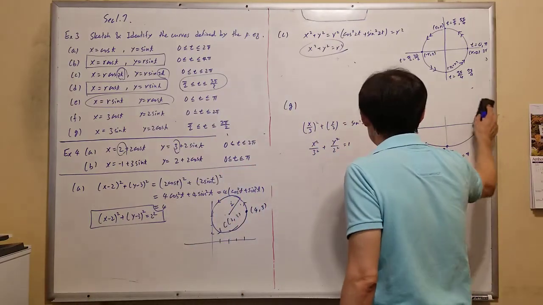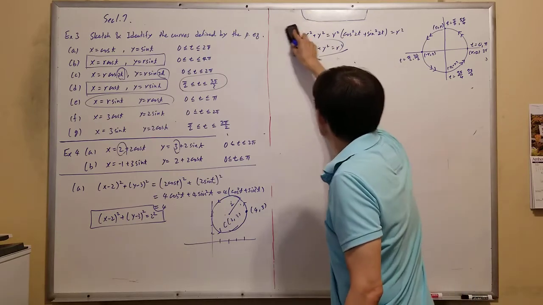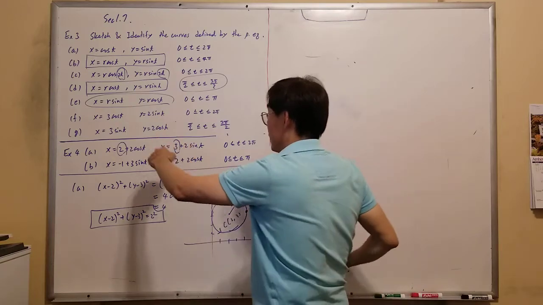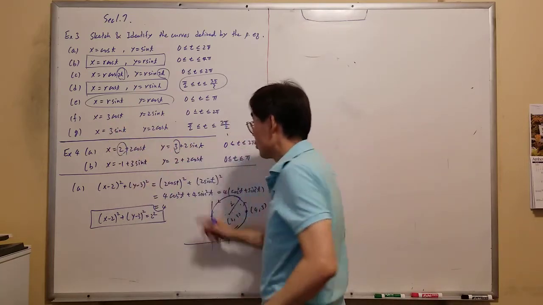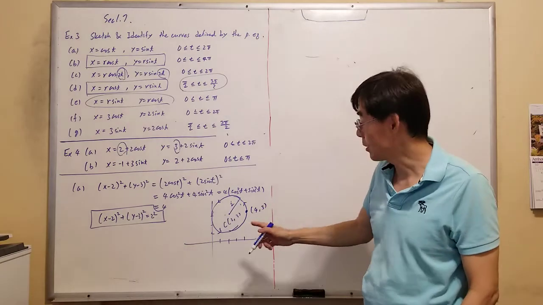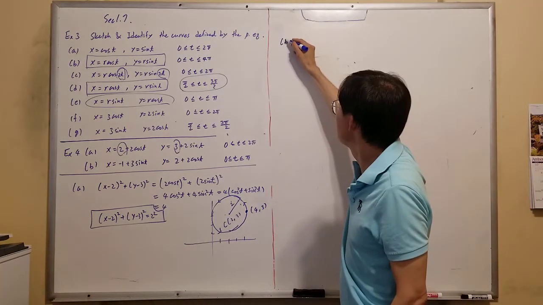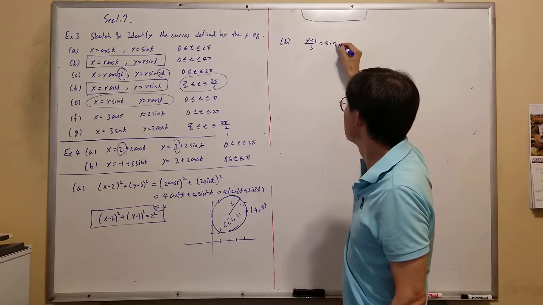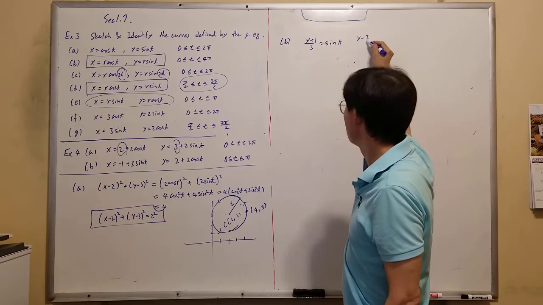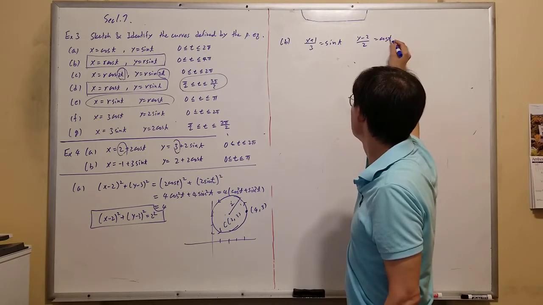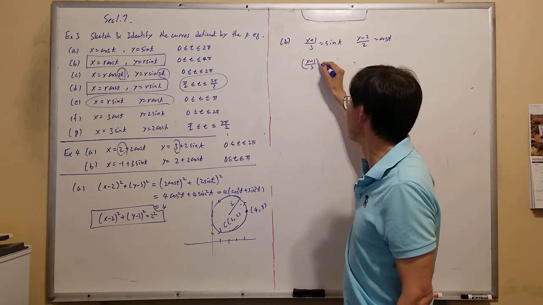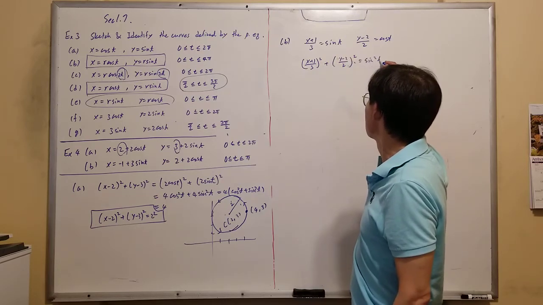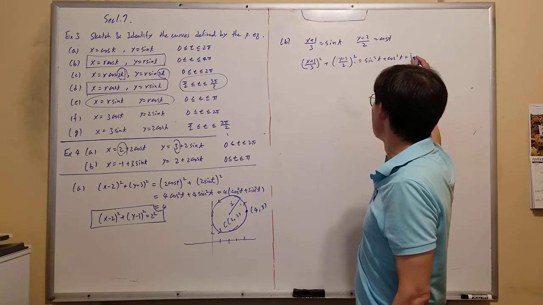Then what about B? Same thing. It's a translation of 3 sine t, 2 cosine t. It's a translation only. So B, x plus 1 over 3 equals sine t. Y minus 2 over 2 is cosine t. So x plus 1 over 3 squared plus y minus 2 over 2 squared equals sine squared t plus cosine squared t, which equals 1.